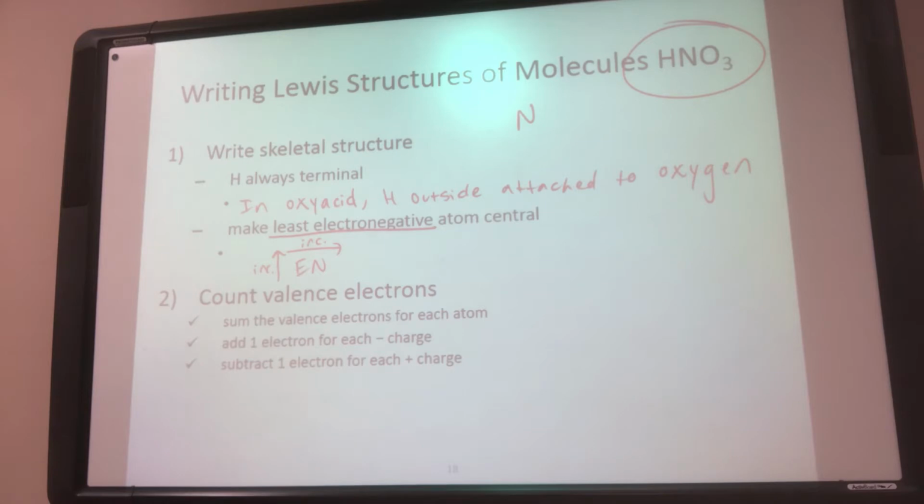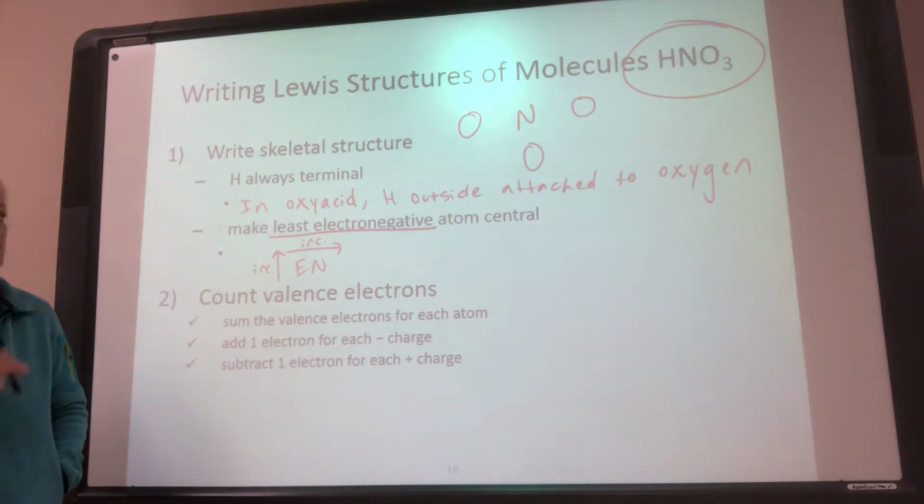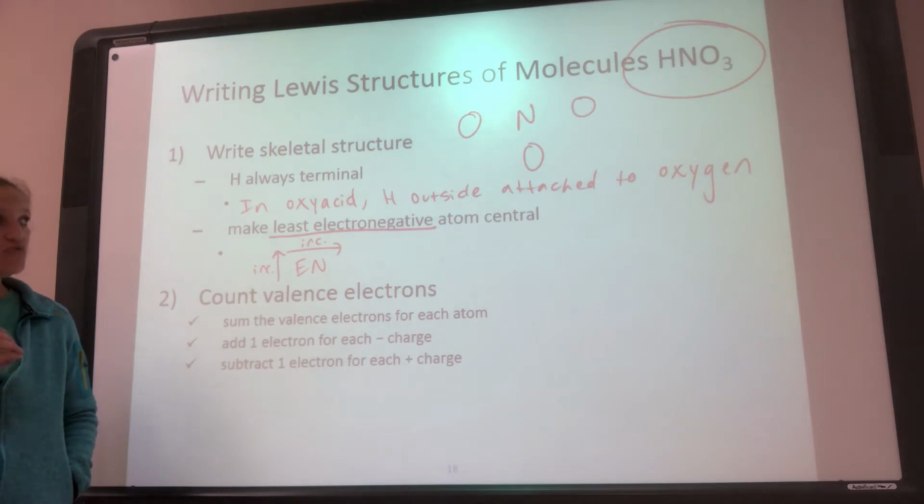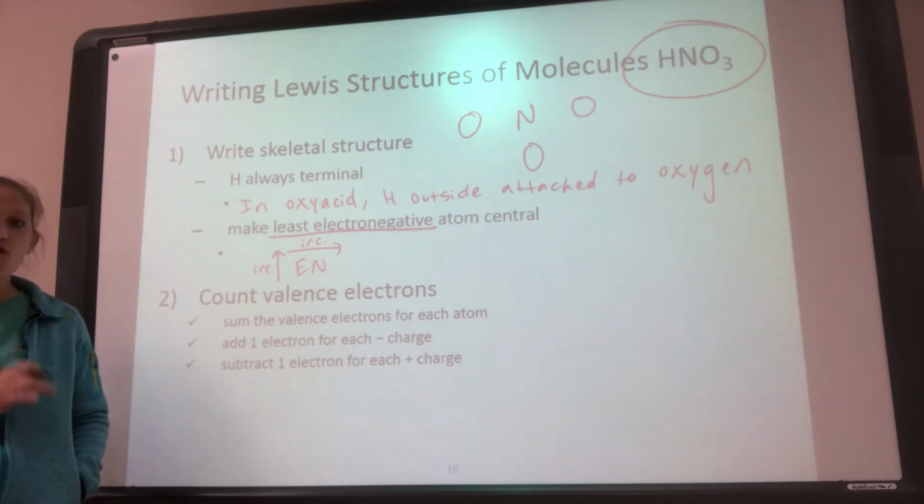And if he's in the middle, the O's are going to go around him. You could put it however you want. If you wanted to make it a triangle like this, that's fine. Exactly how you draw the 2D picture doesn't matter shape-wise right now, as long as you get who's in the middle, how they're attached, and where all the electrons go.